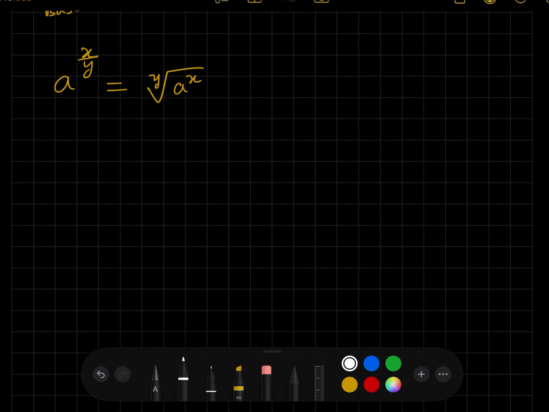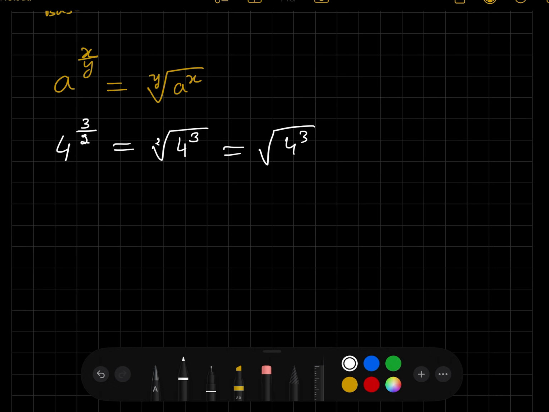So how is it used? Say if I have 4 raised to 3 by 2, how will I write? I will write this as square root. See, 2 means square root, no? So this is square root of 4 raised to 3.